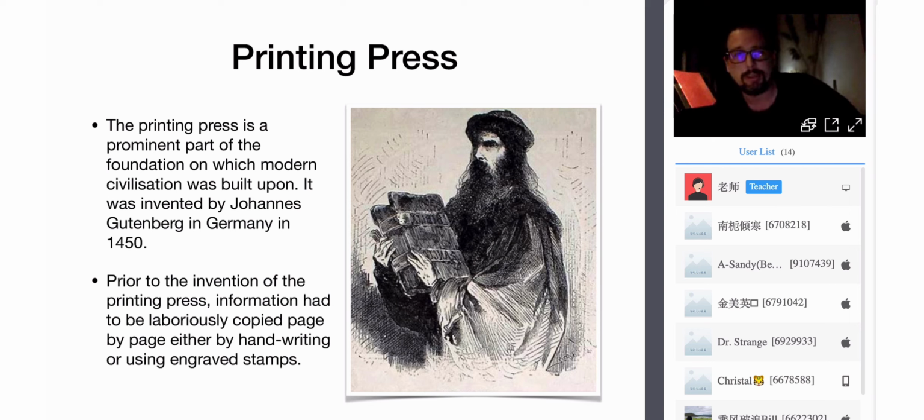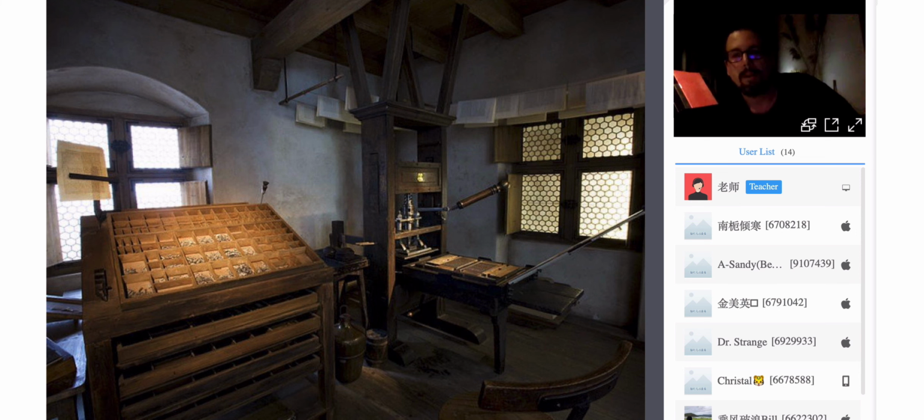Invented by Johannes Gutenberg in Germany in 1450. Prior to the invention of the printing press, information had to be laboriously copied, page by page, either by handwriting or by using engraved stamps. So it's what we call mechanical automation.